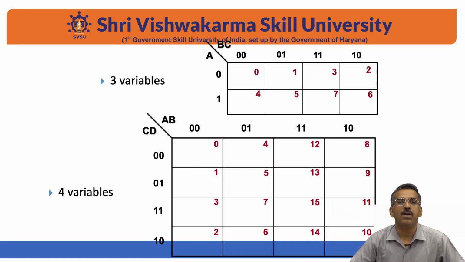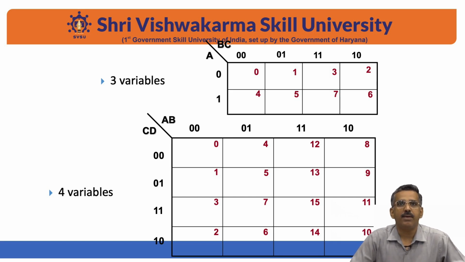The other values, represented as C and D, are 00, 01, 11 and 10 toward the y-axis, and this gives us the representation of the Karnaugh map table for 4 variables.